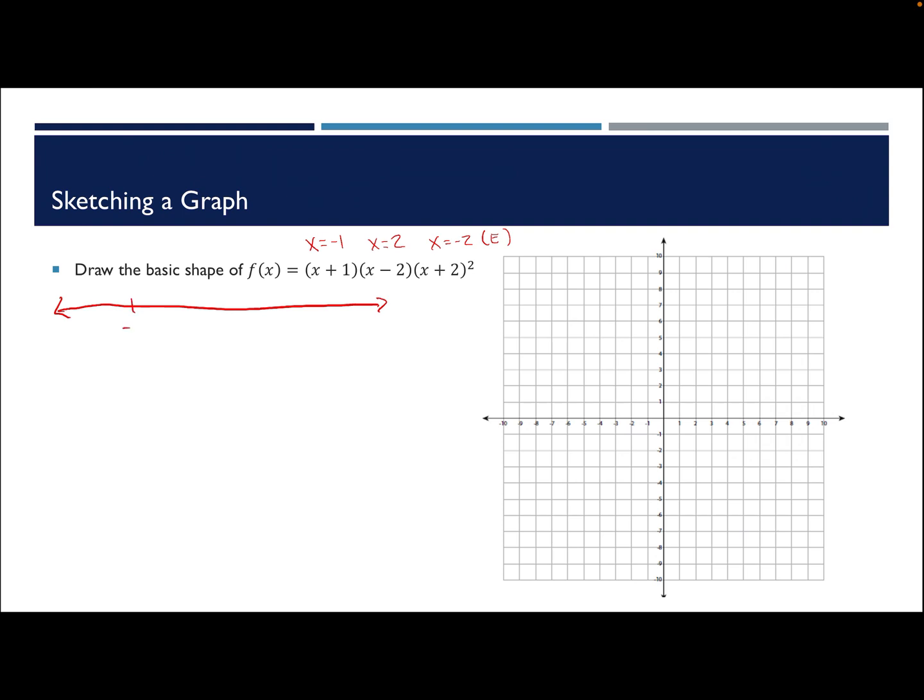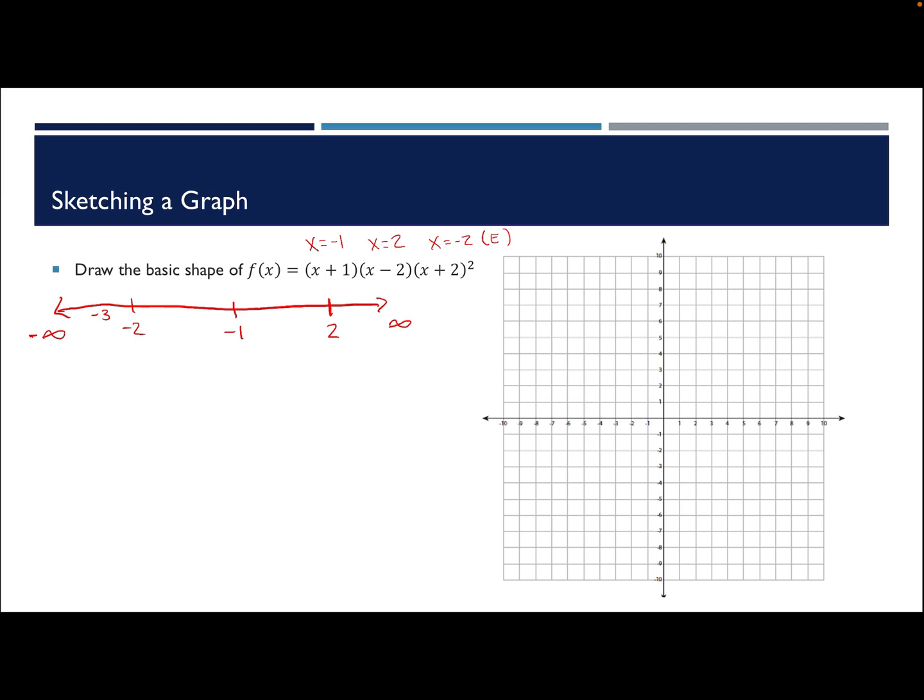And on that sign chart, we're going to put -2, -1, and +2. We'll put some infinities on either side. And so if you watch the video for quadratic inequalities or polynomial inequalities, you know that on each interval, we select a value and we substitute it into the factored version, and we just keep the sign of the number because that's going to tell us if f of x is above or below the x-axis.